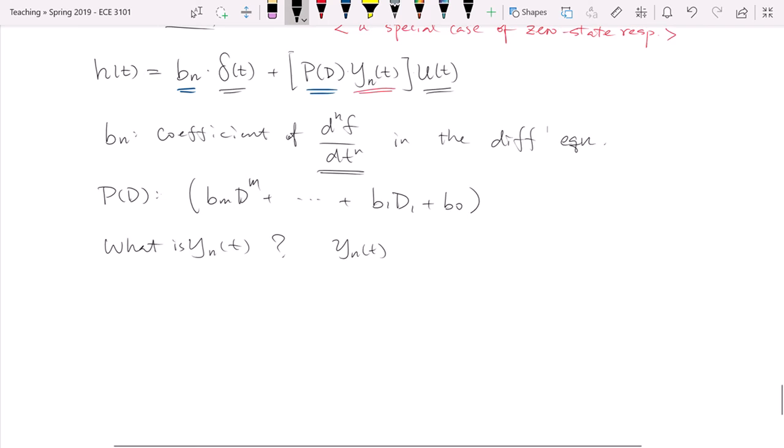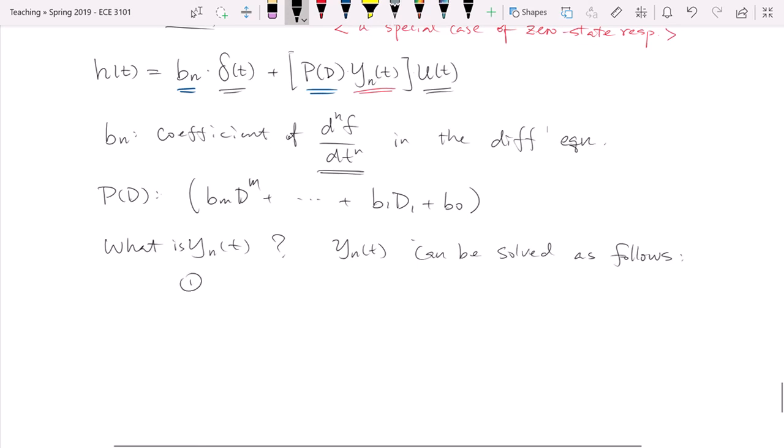Now, y_n of t can be solved as follows. And you will see a very familiar procedure like what you have seen in the zero input response.